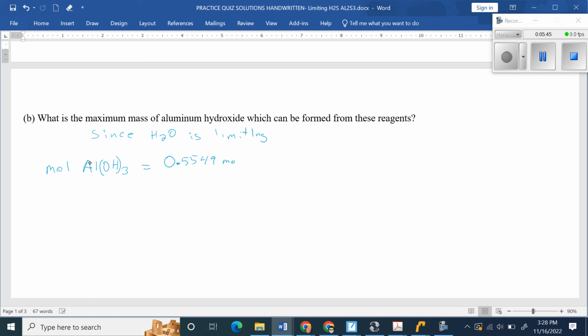So moles water, right? Water is the limiting reagent. It will be determining how much moles of everything gets made, right?